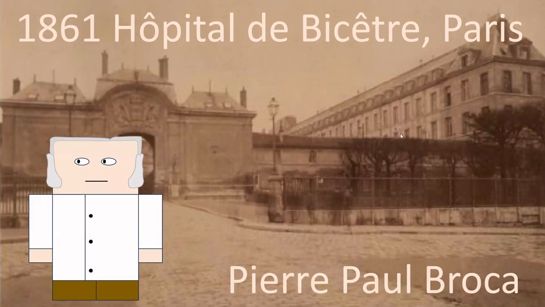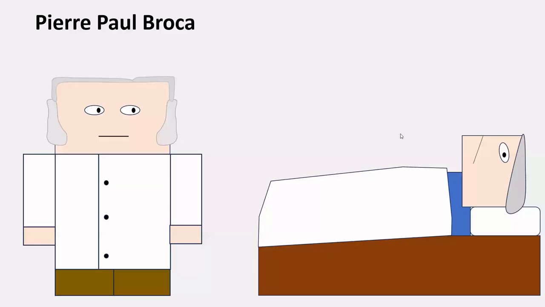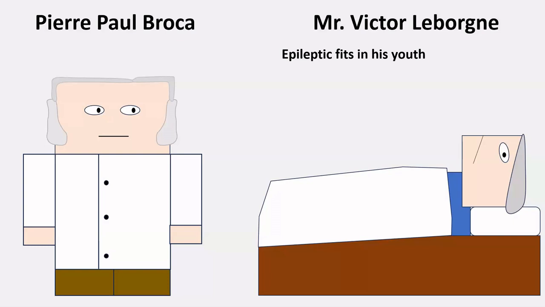Pierre-Paul Broca worked in the Hôpital de Bicêtre at Paris, and in 1861 he was asked to consult a patient over there, Monsieur Victor Le Borgne. Monsieur Victor Le Borgne had been a resident of the Bicêtre Hospital for a couple of decades now. He was a hatter.